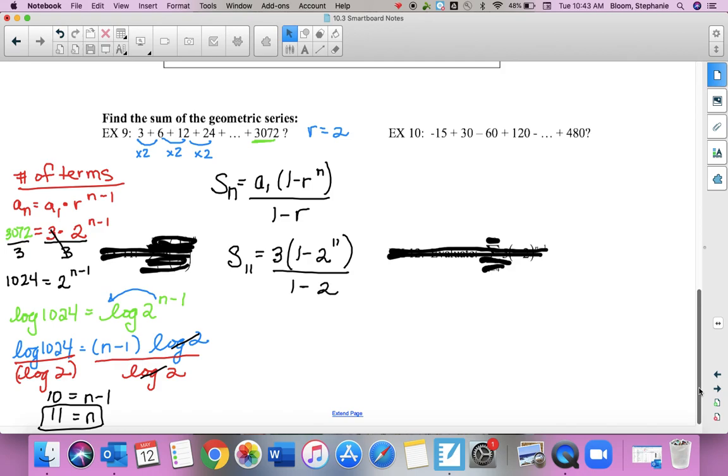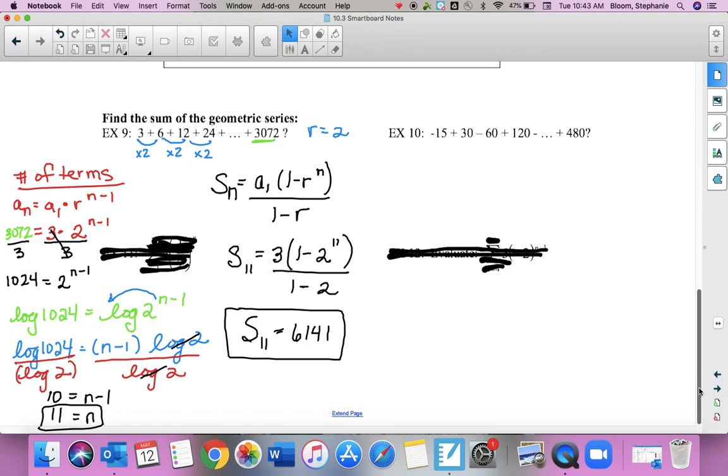Then you're going to do 2 to the 11th, do 1 minus that times 3, and then divide by negative 1, and you should get 6,141. So get your calculators ready.